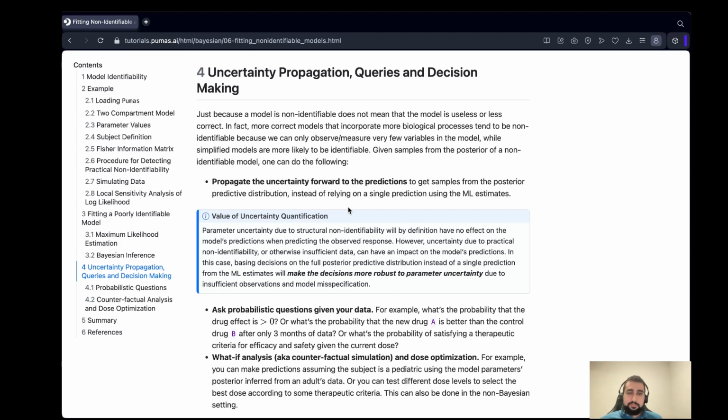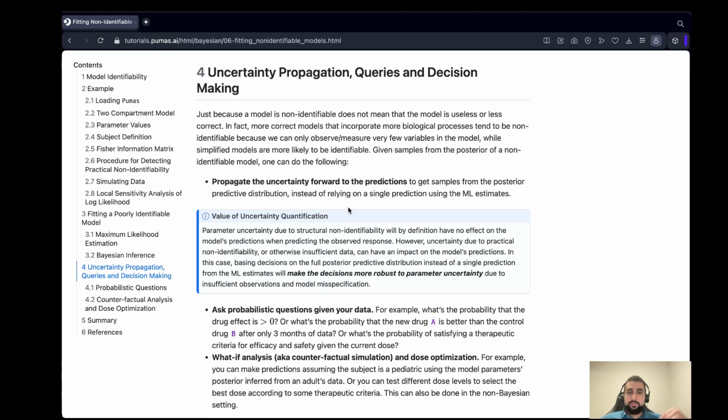Then you could use Bayesian inference to basically, given those observations, get an idea of all the possible parameter values that could fit, or that can explain, this patient's observations. And so by getting the posterior distribution, given each of those samples, we can make a prediction, and then we can actually estimate probabilities of events.